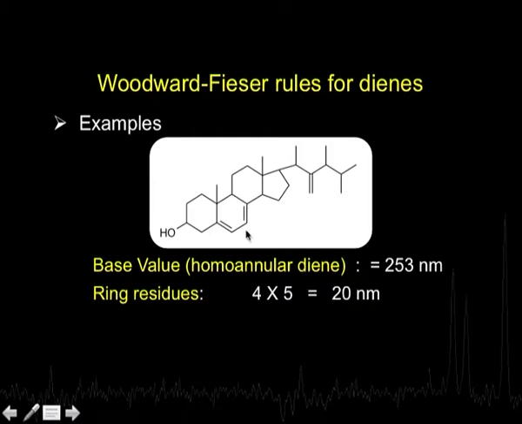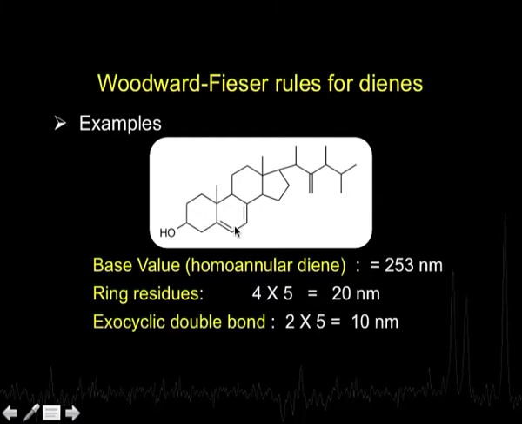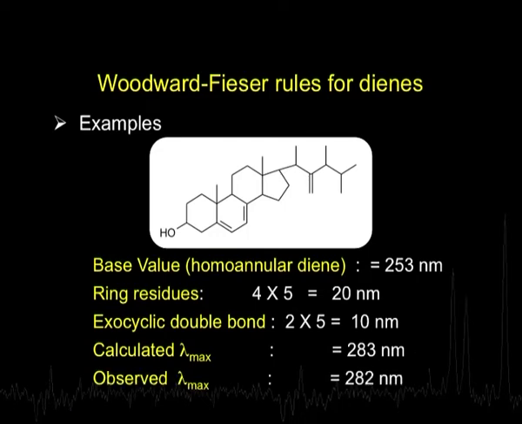What more is there is that we got this double bond is exocyclic to this ring, this double bond is exocyclic to this ring. So, there are 2 double bonds, both of them are exocyclic. So, they will contribute 5 nanometers each, the contribution will be 10 nanometers, and the value will be coming out to be about 283 nanometers, and the observed value happens to be 282 nanometer. Agreement is excellent over there.